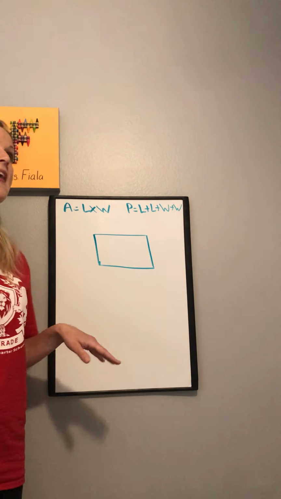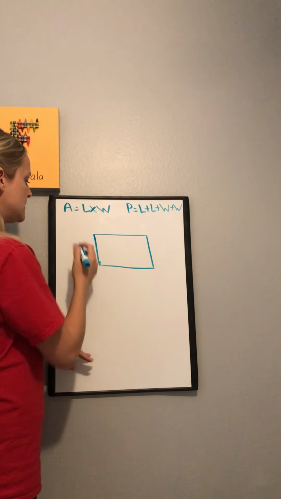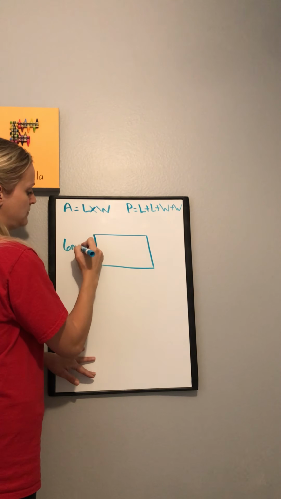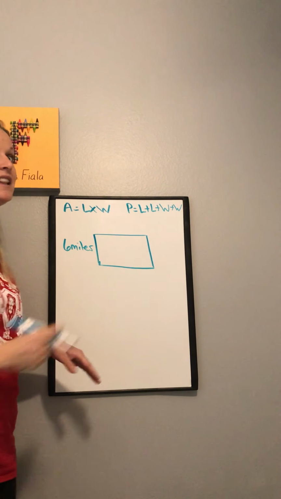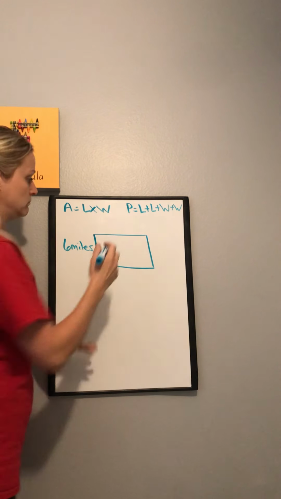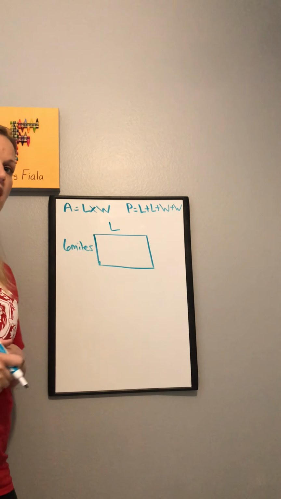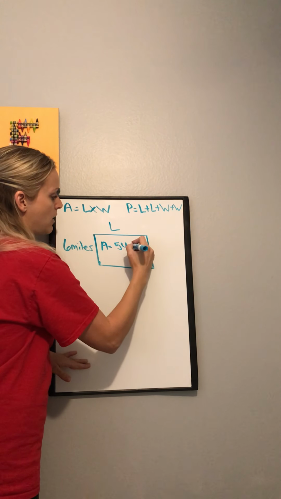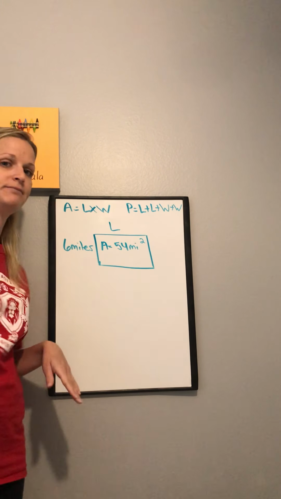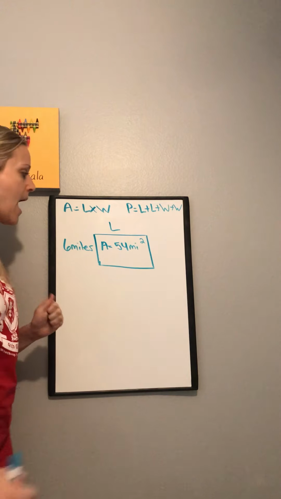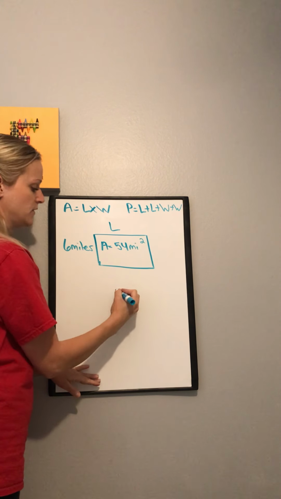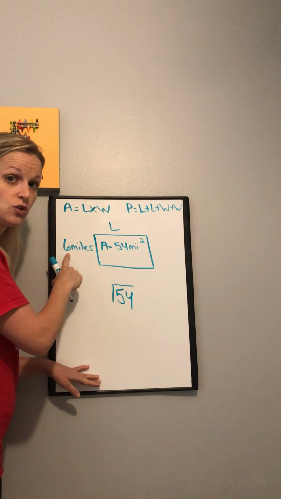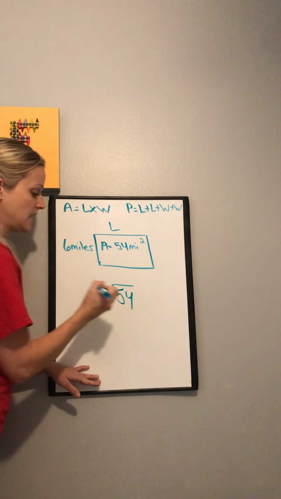I'm going to tell you that the width is 6 miles. The length, we don't know. But I'm also going to tell you that the area equals 54 miles squared. Okay, so I'm going to follow my one step. I'm going to divide the area, 54, by the width that is given to you, the side of 6.